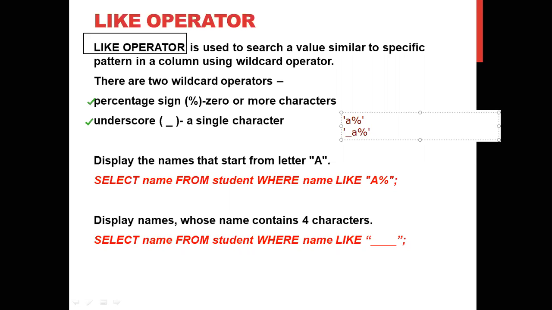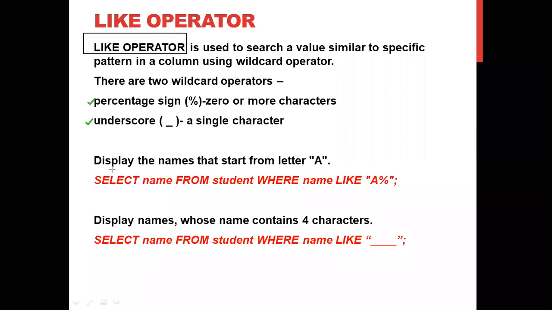If at least 3 characters are given, it means 1, 2, 3, then percent. It will display the names of students containing 3 or more characters, but not 1 or 2. These are called like operators.